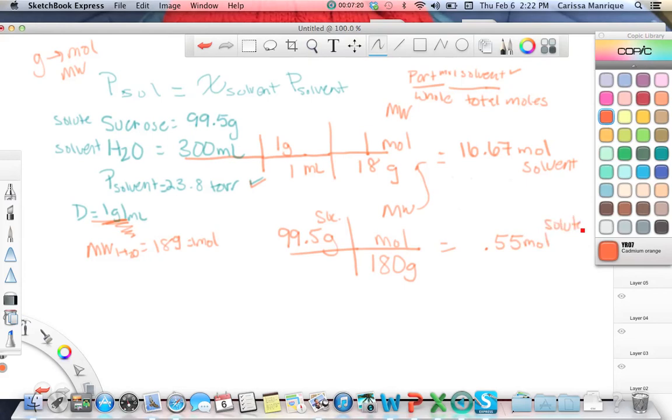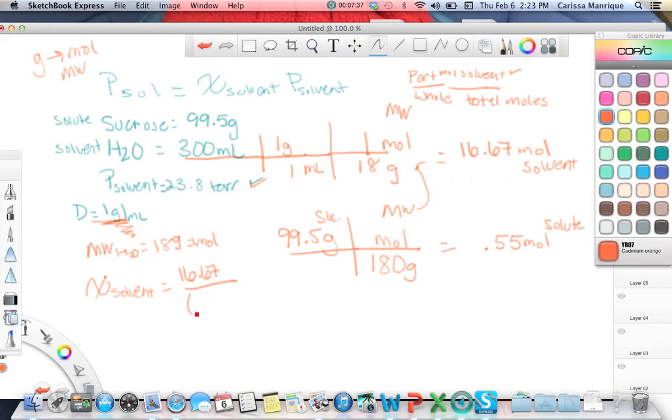Okay, so now I can do my mole fraction. This is of my solvent, so that means I want my solvent on top. I have 16.67 moles of solvent divided by the total moles.